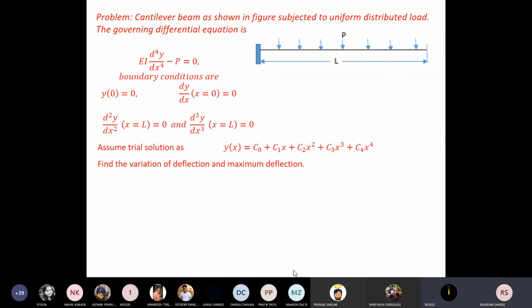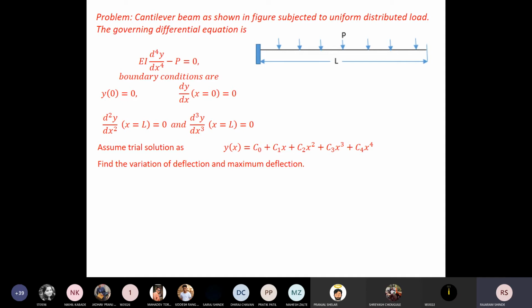Now write this problem. Only 15 minutes are remaining.